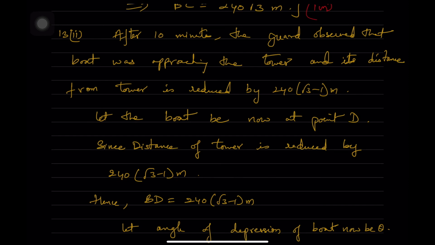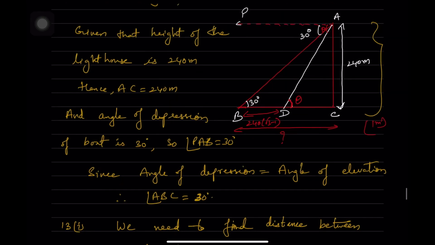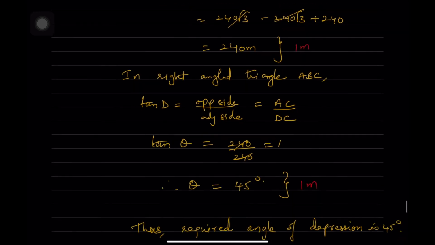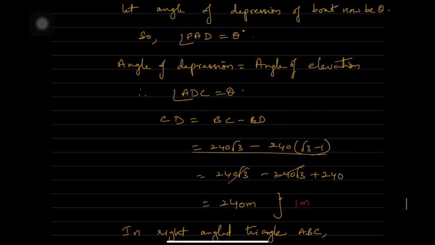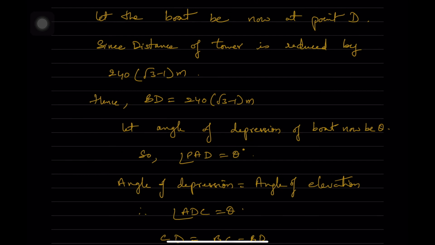Since the distance from the tower is reduced by 240(√3 − 1) meters, BD is equal to 240(√3 − 1). This is the part which we have written here. Now we'll find out what DC is. Hence BD is equal to 240(√3 − 1) meters.